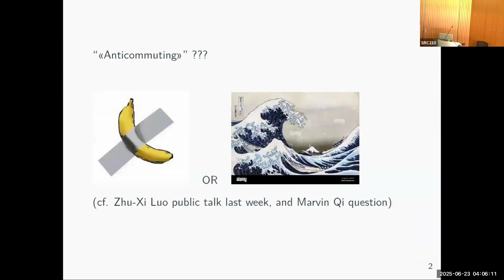Okay, so I wanted to start on a slightly lighter note because of this funny name, I suppose. In the conference, there was a public talk by Zhu Ji Luo, and she made a nice little slide about when do you know you have gone too far. She showed some examples of when we can recognize what is art and when something is kind of absurd.